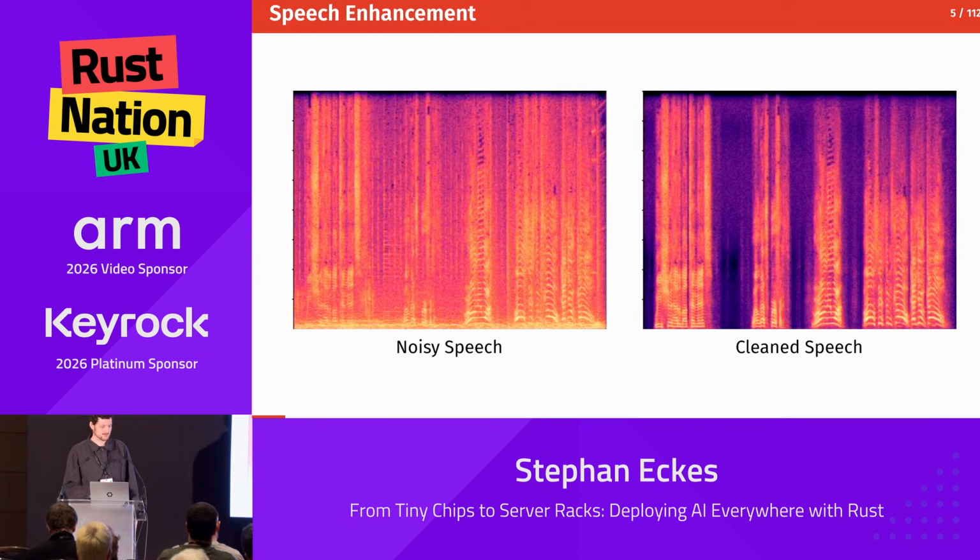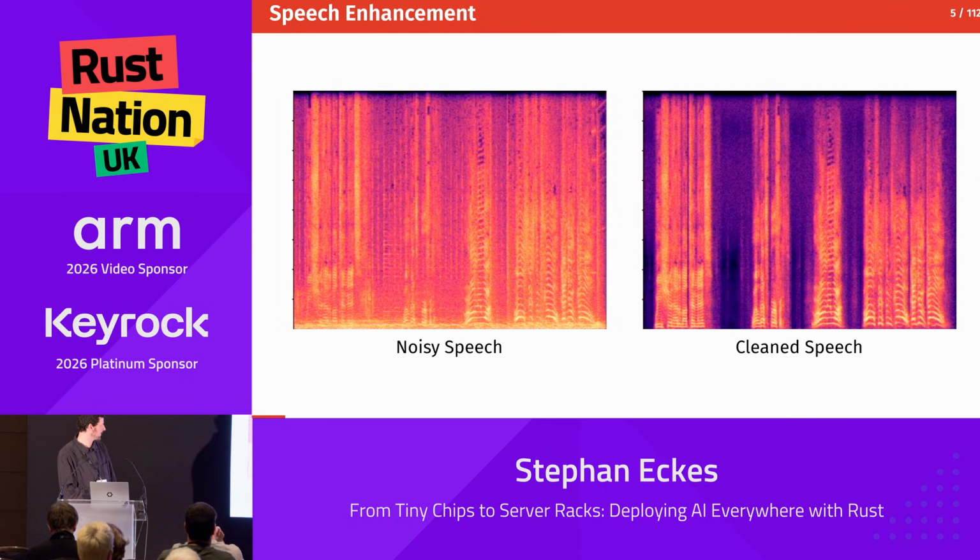So that you know how that looks for the AI models: on the left you see noisy speech, and on the right you see the clean speech. That is a spectrogram. So on the x-axis you have the time, and on the y-axis you have the frequency. And then you see beautifully here that this area is obviously where the voice is.